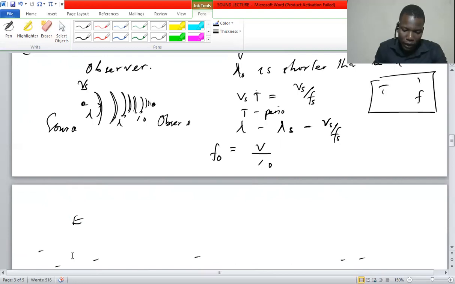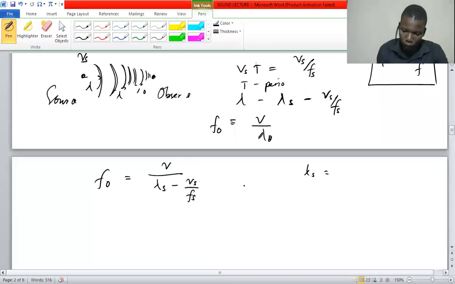So we can substitute that equation there, so substituting for that, we have the source, so we substitute in this equation.